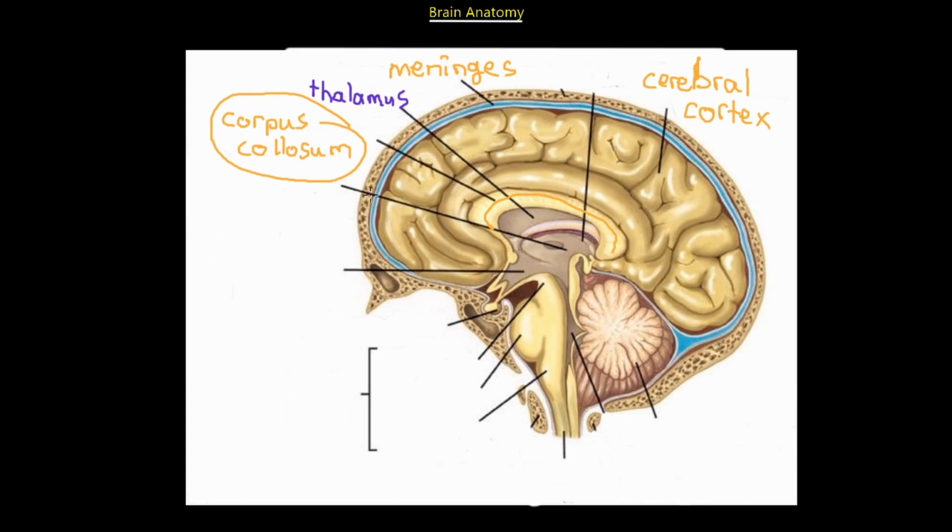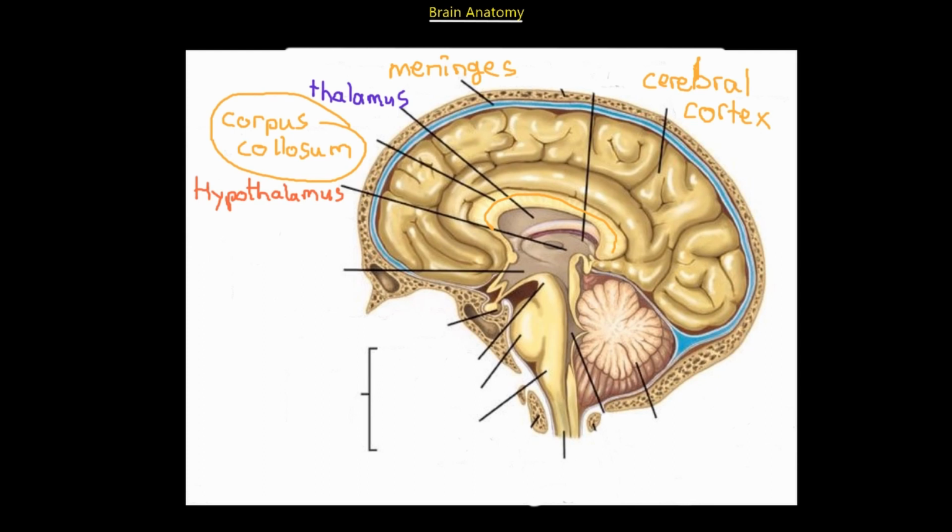Now, the next part here is going to be the hypothalamus. So just below that will be the hypothalamus. And we're going to discuss the hypothalamus in great detail when we look at the homeostasis unit, because the hypothalamus is responsible for a lot of the homeostatic responses.